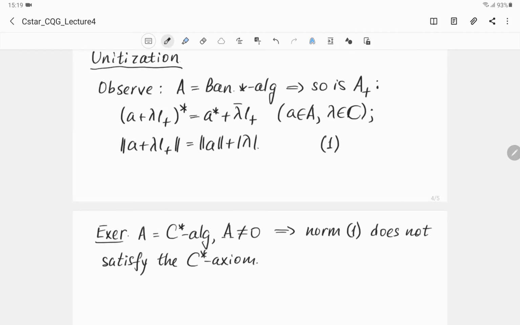Well, so this implies that if we try to define the unitization of a C-star algebra in the same way as before, then we have a problem. The result will not be a C-star algebra.